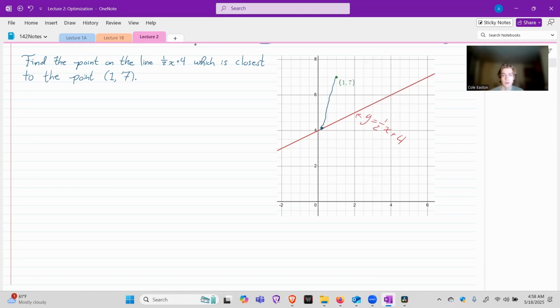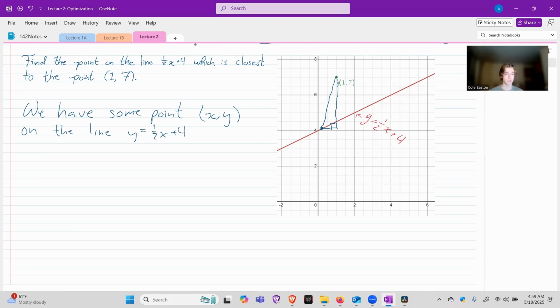We can also think of that distance as being the hypotenuse of the right triangle drawn like this. So let's say we have some point (x, y) on the line y equals 1/2 x plus 4. Well, in this case, since it's on this line, we know that y equals 1/2 x plus 4.